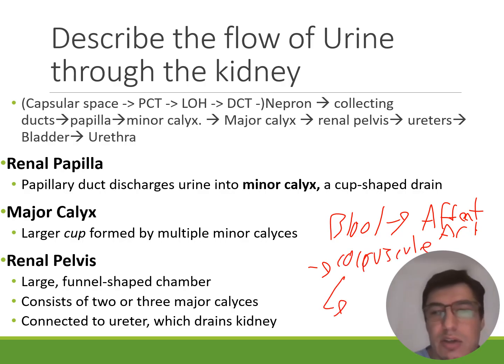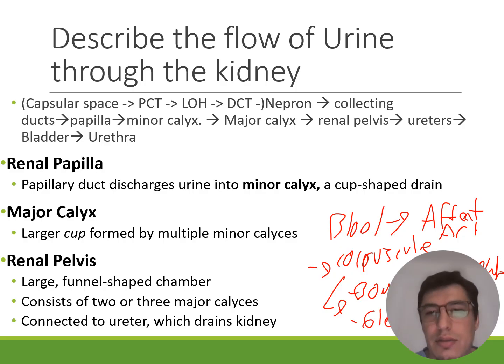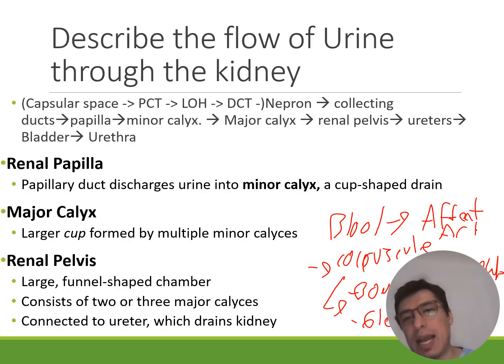Then we're gonna divide this corpuscle into two sections: Bowman's capsule and the glomerulus. All right. Now, the glomerulus is the actual capillary itself, and Bowman's capsule is that actual bilayer that will be hugging that glomerulus.